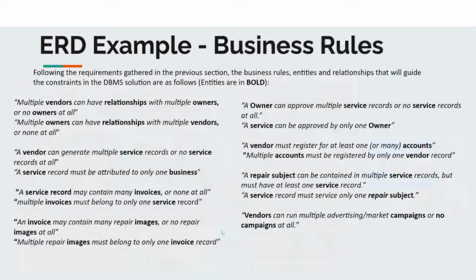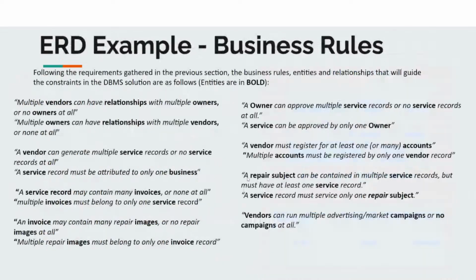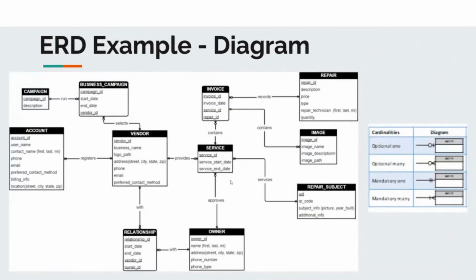We have the entity relationship diagram, where we did this at a high level. The entities are these tables. We're starting to do some of the start of a physical model by doing the attributes, or the adjectives, within the table. So within service, you have a service start date and service end date.